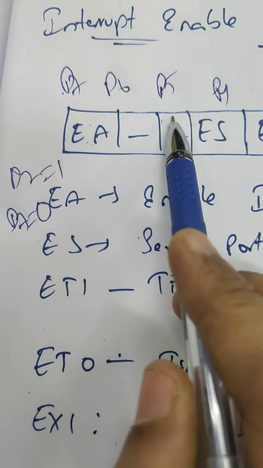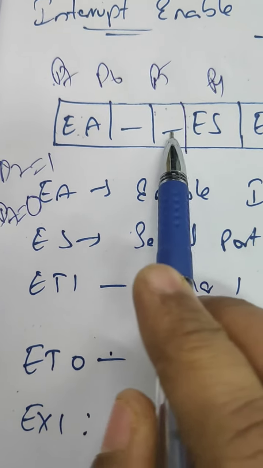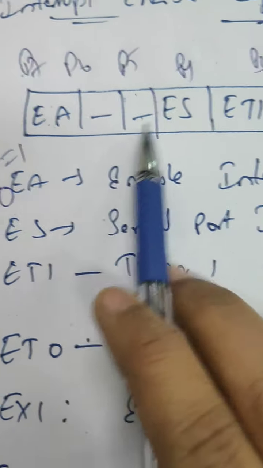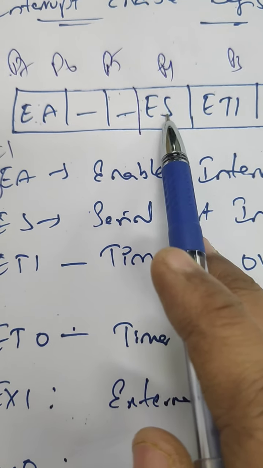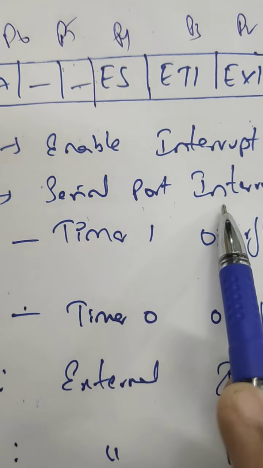D6 and D5 are not in use, they are reserved for future purposes. The D4 bit is ES. ES means serial port interrupt.